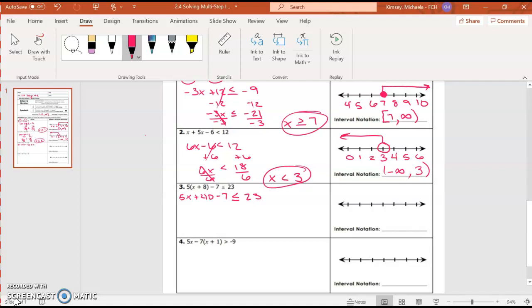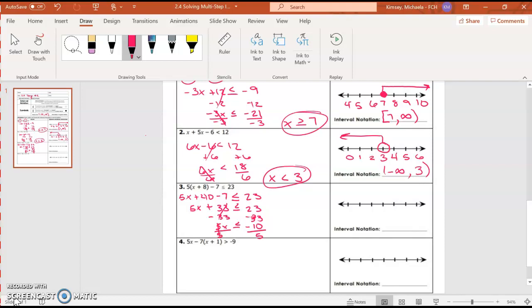So now I combine like terms, and I did 40 minus 7, so I have 5x plus 33 is less than or equal to 23. Now we subtract 33 on both sides, I think I said 3. Okay, and we get 5x is less than or equal to negative 10. Okay, now we need to divide by 5 on both sides.